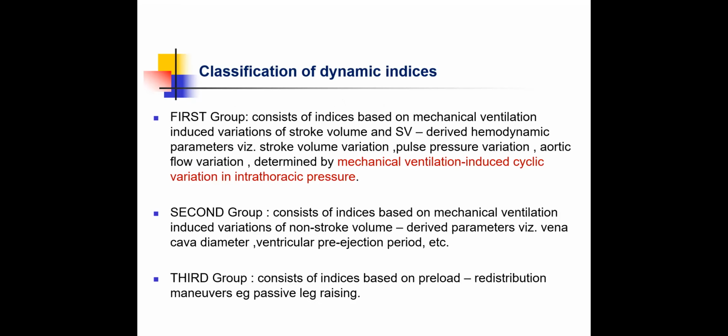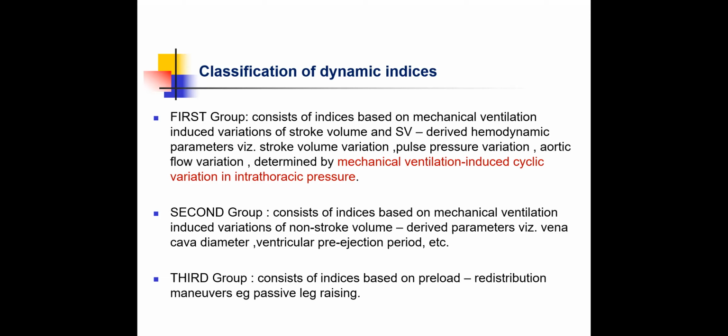How do we classify the dynamic indices? The first group consists of indices which are based on mechanical ventilation induced variations of stroke volume and stroke volume derived hemodynamic parameters like stroke volume variation, pulse pressure variation, aortic flow variation. These are determined by mechanical ventilation induced cyclic variation in intrathoracic pressure.